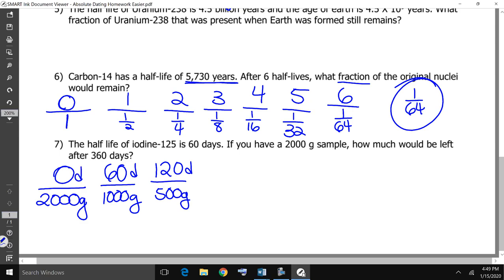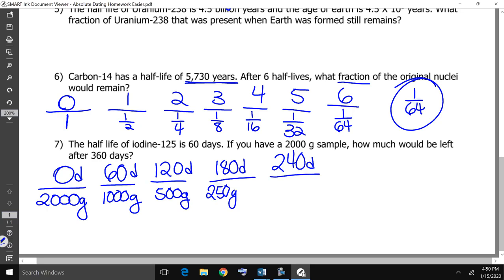Okay, after 3 half-lives, that's 180 days, 250 grams. 240 days. Again, we are adding our half-life. 60 plus 60 is 120. 120 plus 60 is 180. 180 plus 60 is 240.